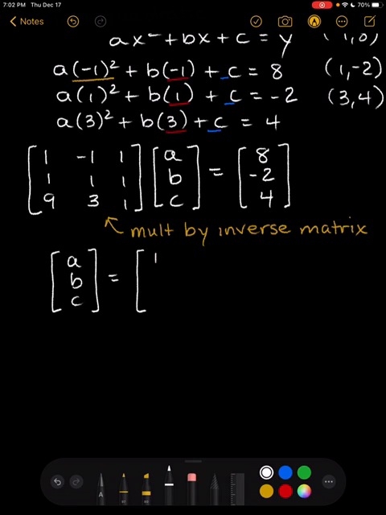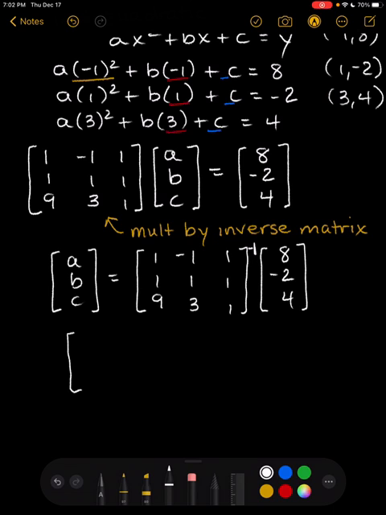The inverse matrix on this side will multiply by the y values, 8, negative 2, and 4. And I forgot to put my inverse symbol here, so please don't forget that.